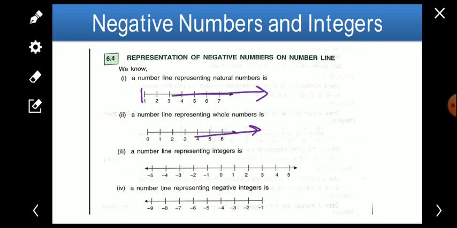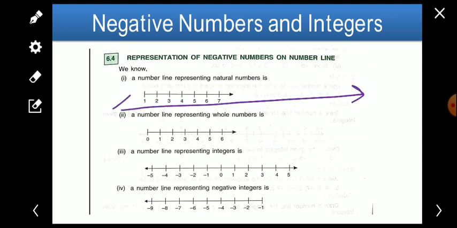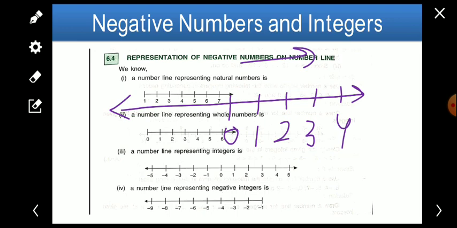Now how to represent the integers on the number line? For that we will draw a line as it has been drawn. We will draw a line, and at first we will label 0. We will label 0 anywhere, and on the right side of 0 we will put the positive integers like this: 1 2 3 4.